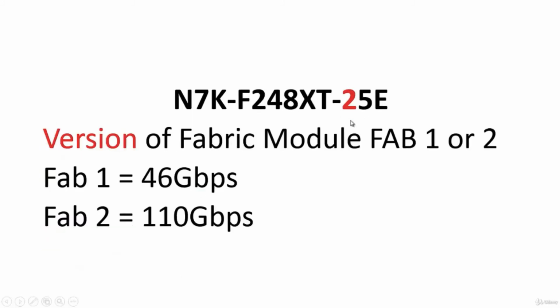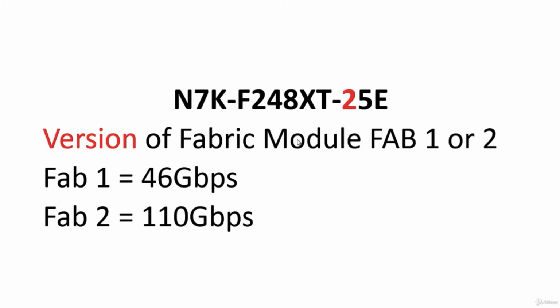Now I'll talk about this number 2. What is this? 2 means the version of the fabric module being used. It will be either 1 or 2. Till date we have 2 versions of fabric modules. One is 1 and the second is 2. So what is this fabric module? It is basically the interconnect for the line cards. So once you insert the line cards into the chassis, then you also need to have a separate module, the fabric module.